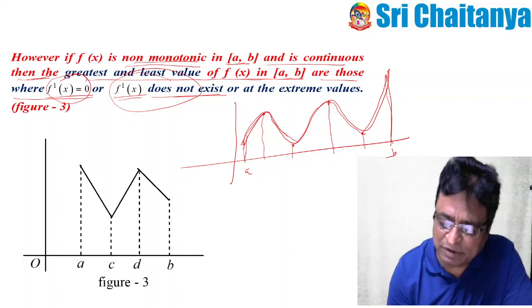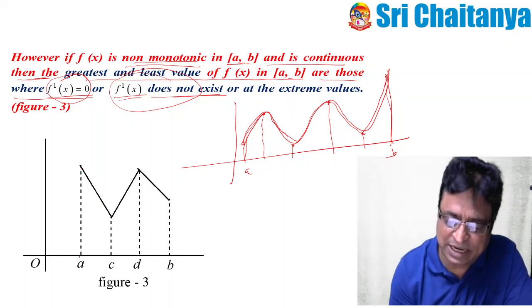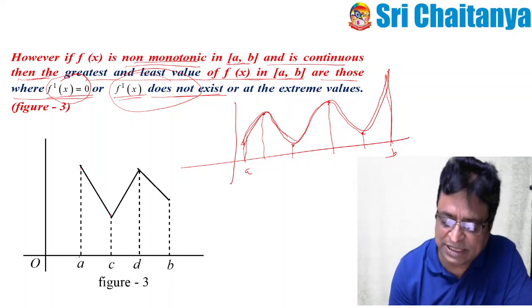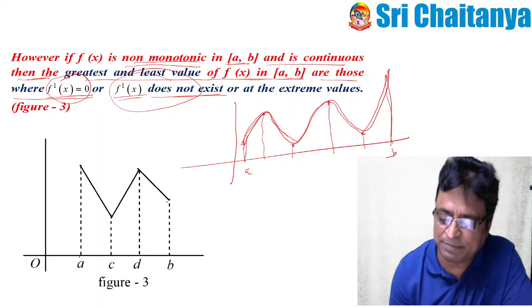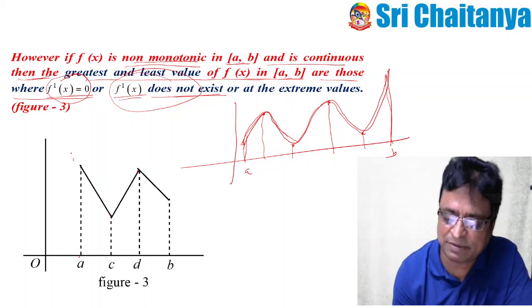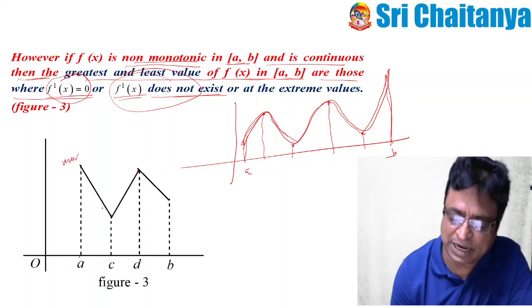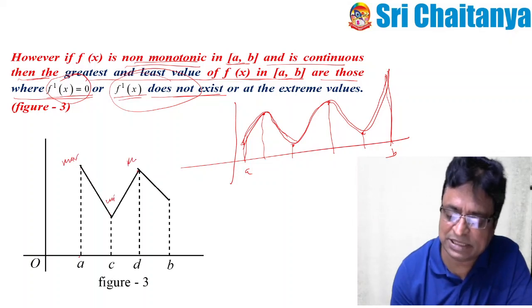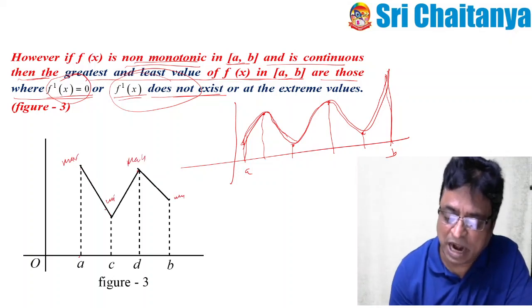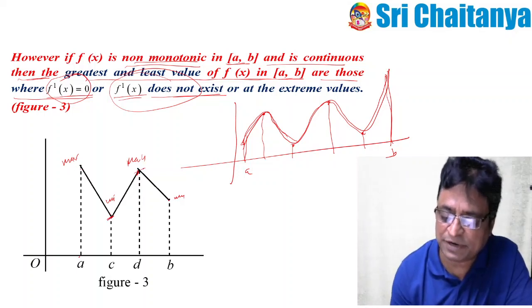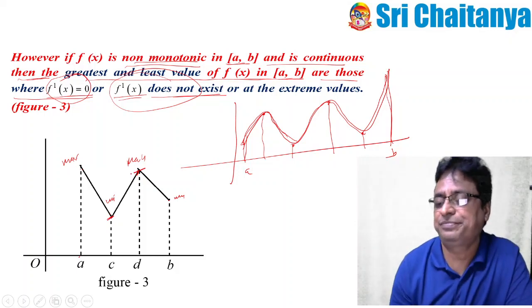See in this example what happens. At a it has a maximum, and at c it has a minimum, and at d it has a maximum, at b it has a minimum. Moreover it is a sharp edge, and at this particular point your function is not differentiable.